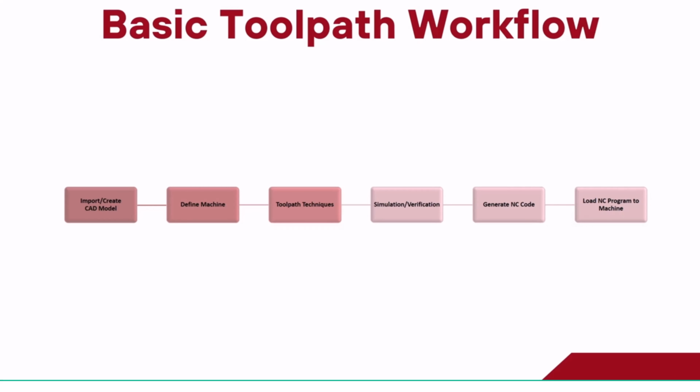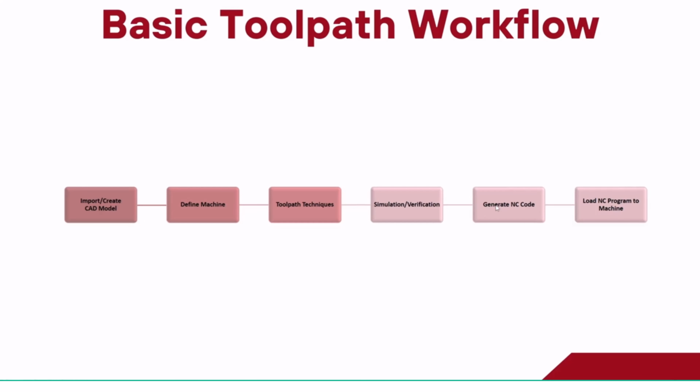So we have to check it. To check, we use the simulator, or simulation or verification of the toolpath. After each toolpath is thoroughly verified, we generate the G codes according to our machine.